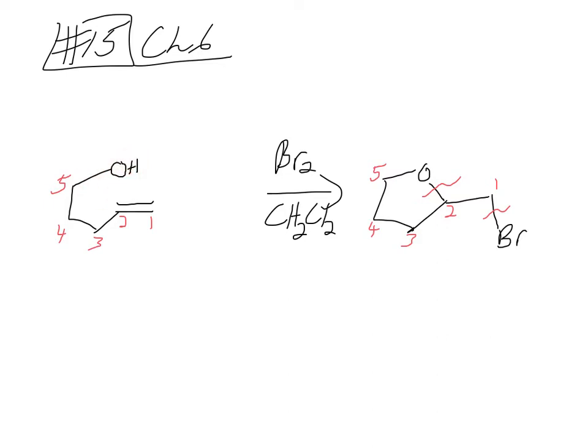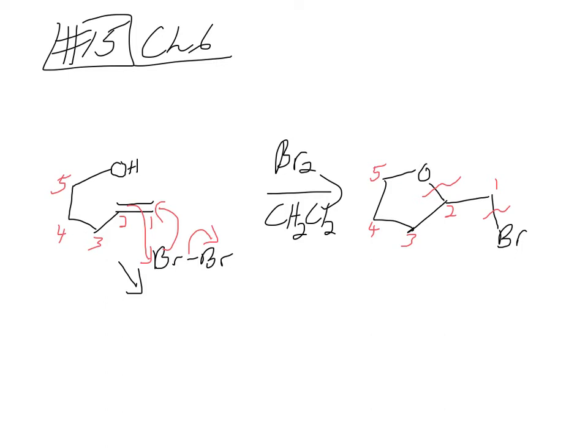So if we move forward on this, let's just go ahead and let this play out. Let's just do the mechanism. It attacks, electrons go there, comes back down, right?